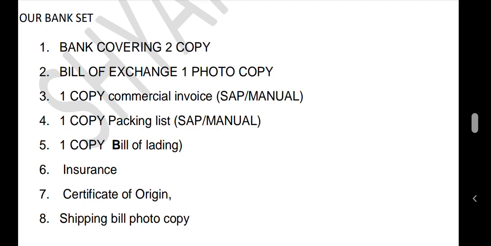In this list there are 8 documents, of which the extra document is the shipping bill photocopy, for the purpose of the BRC, because it certifies and identifies the shipment through the shipping bill number, since the foreign remittance comes inward to our account. So these are the documents we need to submit to our bank.